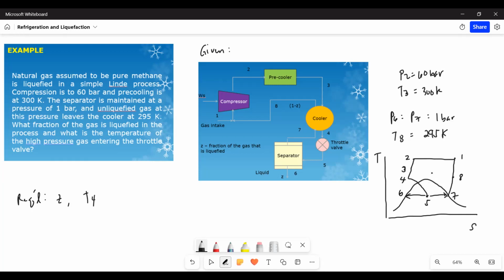So if we make an energy balance around the cooler, throttle valve, and separator, remember from the lecture.